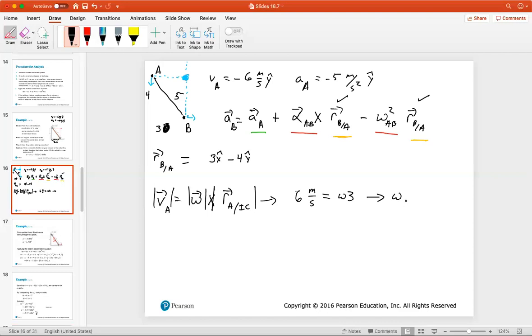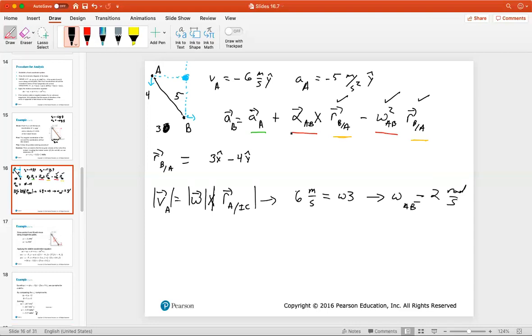And there you get omega AB equals 2, and that'd be radians per second. Okay, so now I've handled that. What about this? Now, I don't have any real tricks at this point to solve this without knowing lots of other stuff.